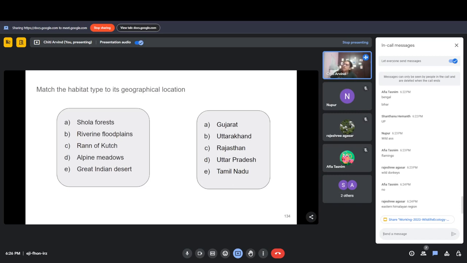So, any idea of what could be the large mammals found in this area? Any one name? Snow leopard, okay. What else?